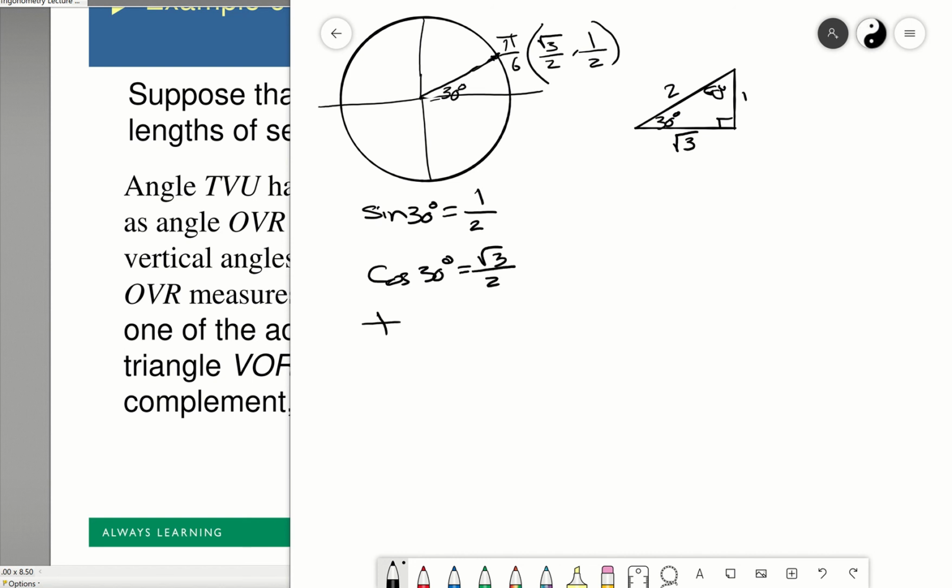The tangent of 30 degrees, as you know, now let's go to this, it'll make it a little bit easier. Tangent, as you know, is opposite over adjacent. So 1 over square root of 3, and if we rationalize by multiplying by square root of 3, we end up with square root of 3 over 3.